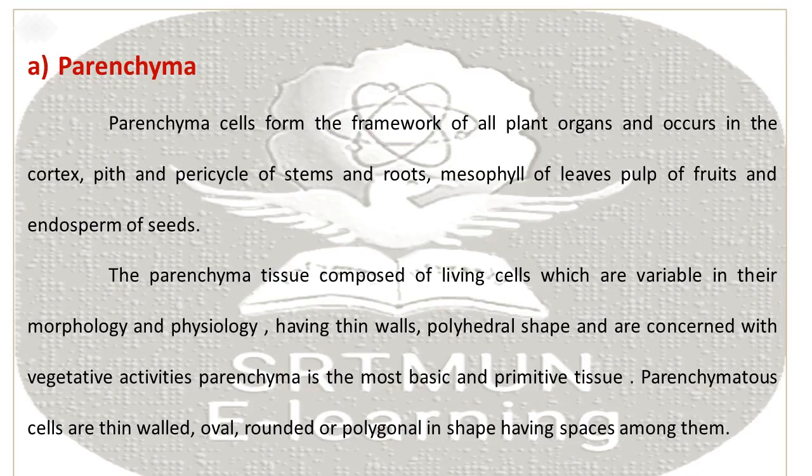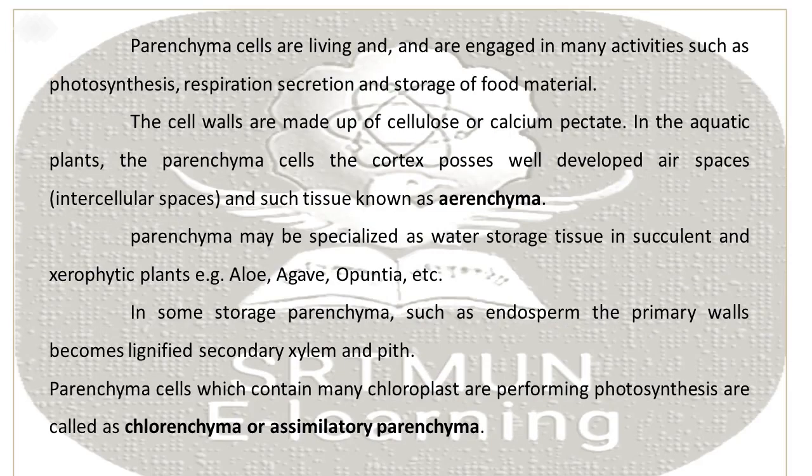Parenchymatous cells are thin-walled, oval, rounded or polygonal in shape, leaving space among them. Now, parenchyma cells are living and are engaged in many activities such as photosynthesis, respiration, secretion and storage of food material.